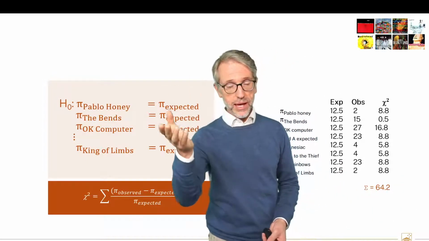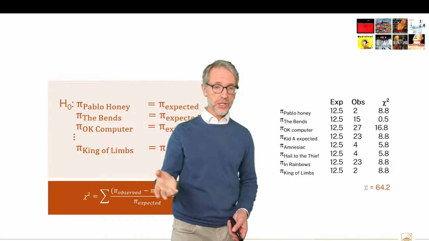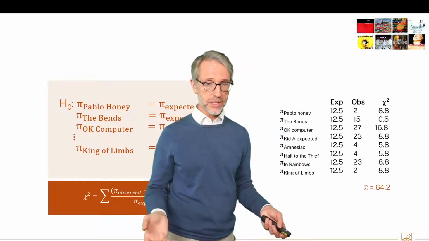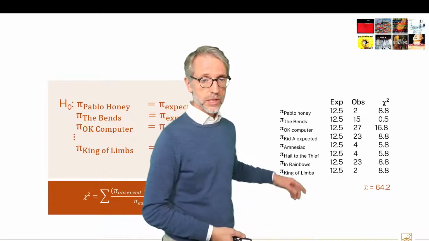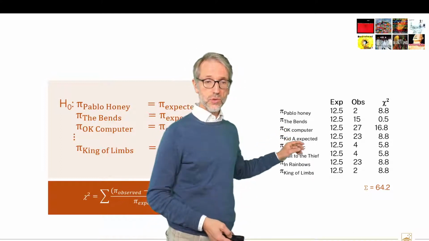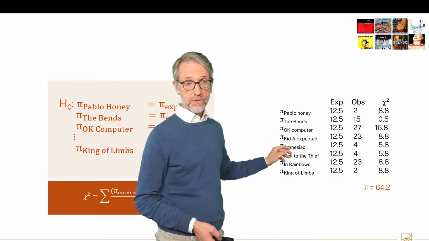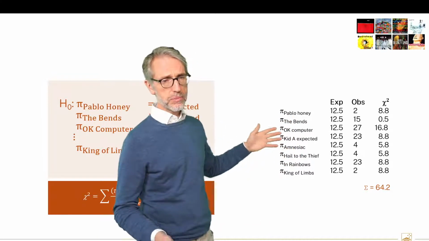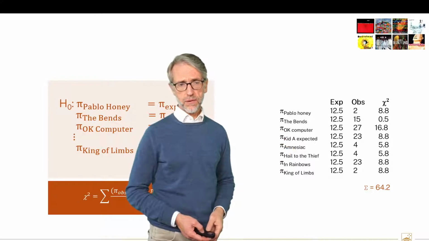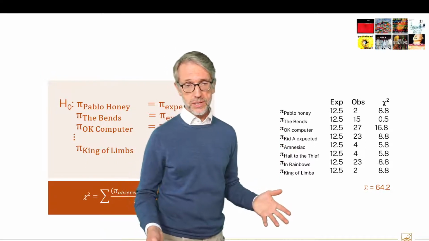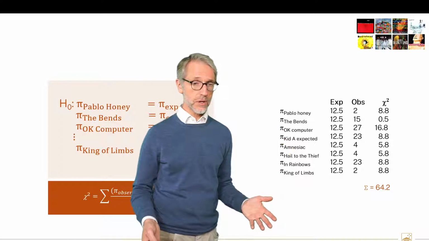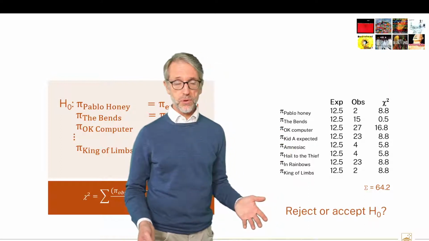And we then sum those chi-squares, and so what are we left with? Well, we're left with a very large chi-square value. Is that a significant outcome? Well, let's test it relative to our chi-critical. 1, 2, 3, 4, 5, 6, 7, 8 albums. That gives us 7 degrees of freedom. We already looked at the chi-square table and we saw that the chi-critical was 14.1.